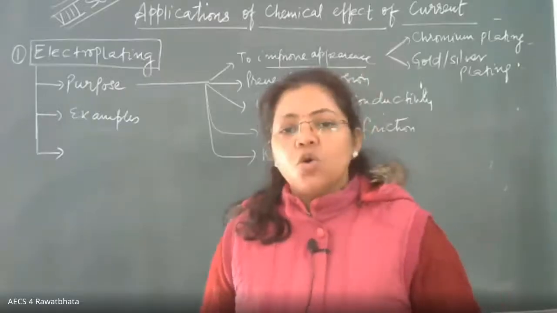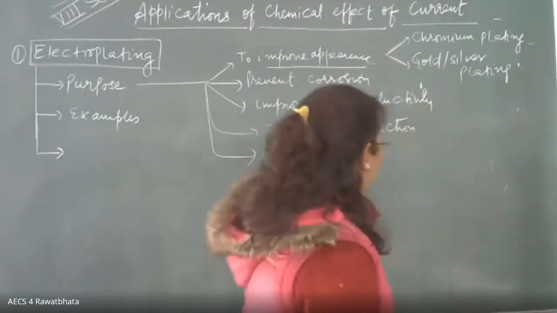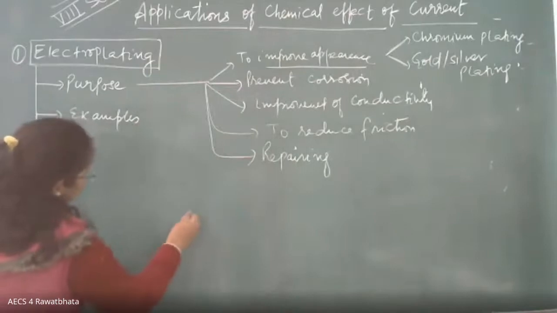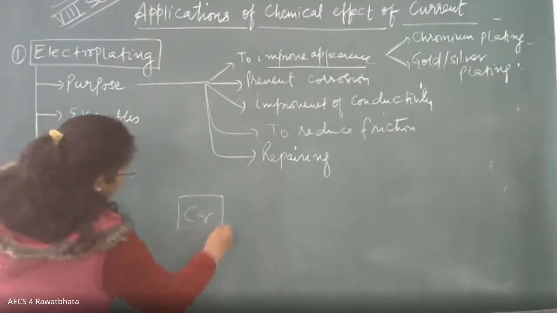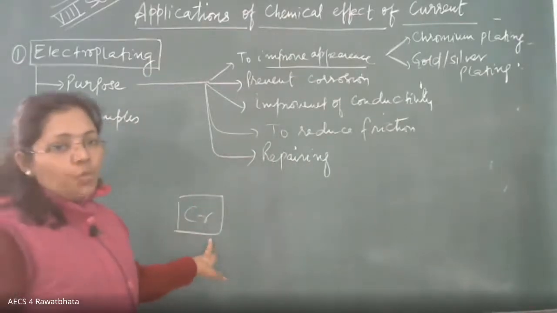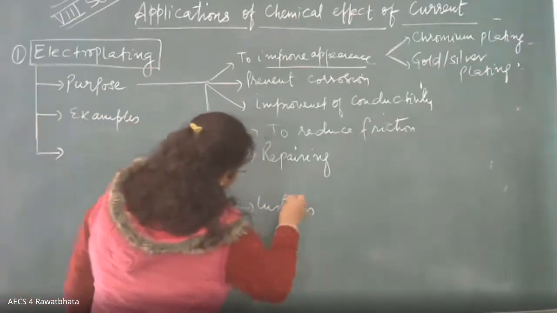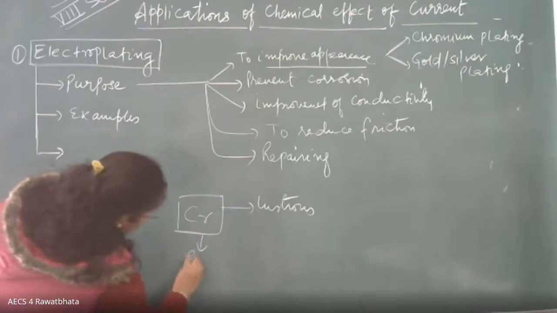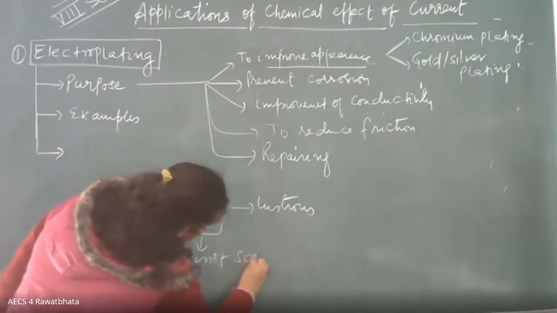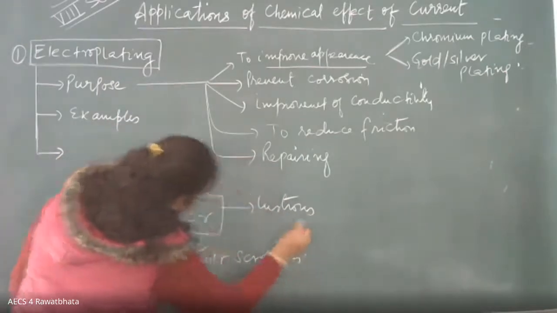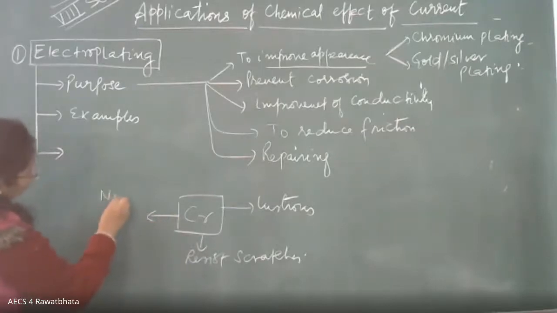Appearance. Yes, so that is basically the 5 points which I gave you regarding chromium plating. Do remember, Cr is the symbol for chromium. First, it is lustrous. Second, it resists scratches. No corrosion.